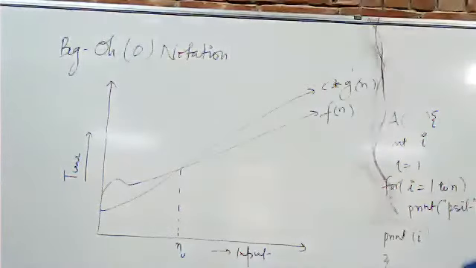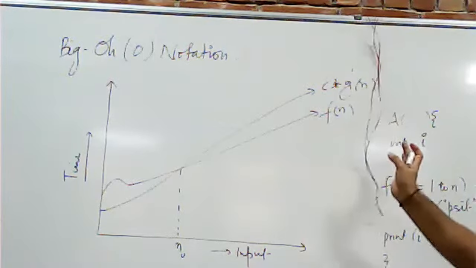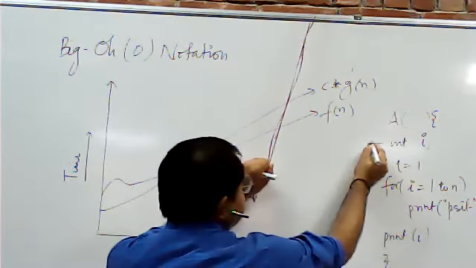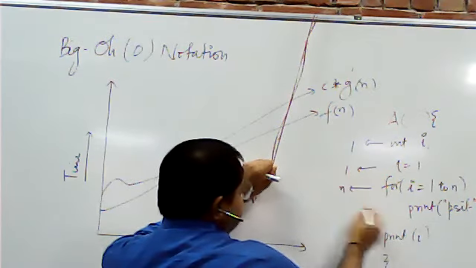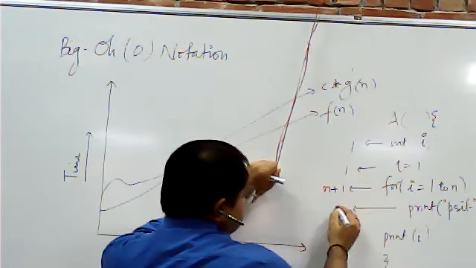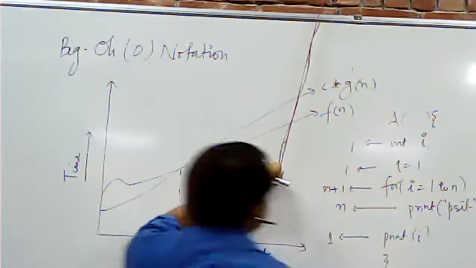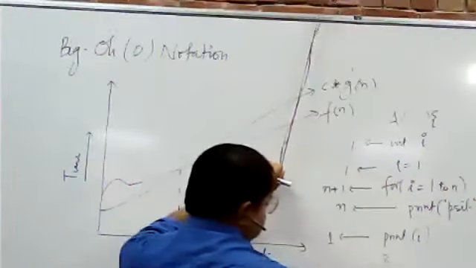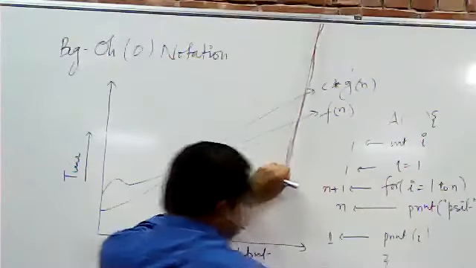If I calculate the total number of steps executed here, this step will take 1, this will take 1, this will take n plus 1, this will execute n times, this will execute 1 time. If you calculate it, it will be 2n plus 4. This is called F(n).